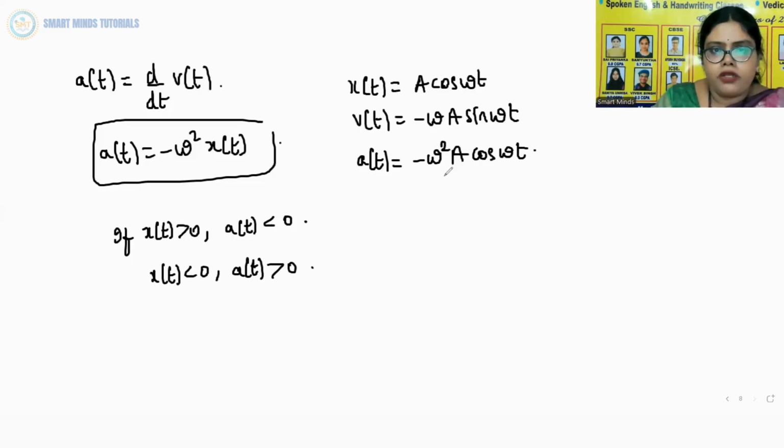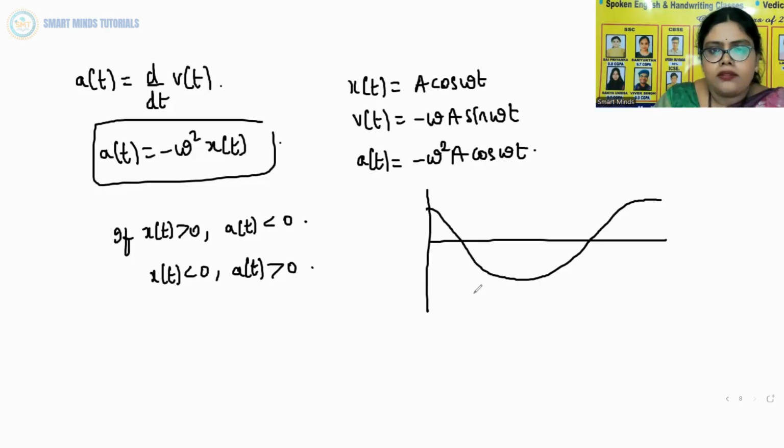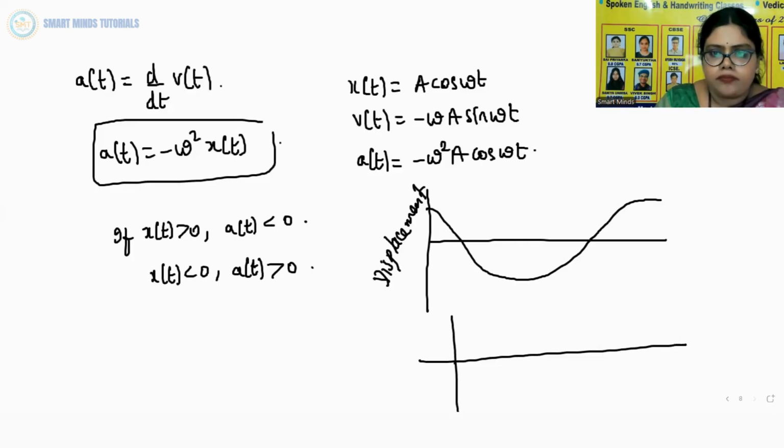So if you plot a graph, you get displacement like this. This is displacement. And this is velocity. And this is acceleration.